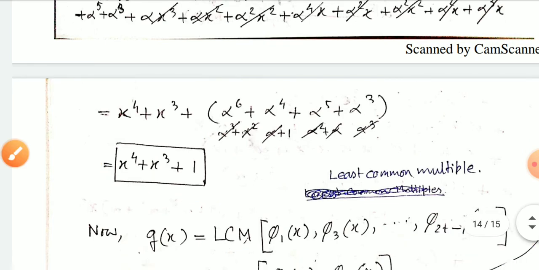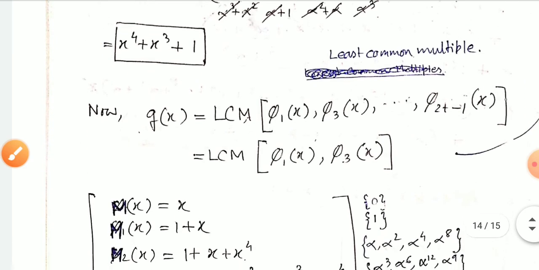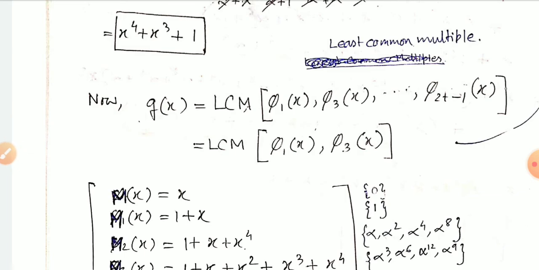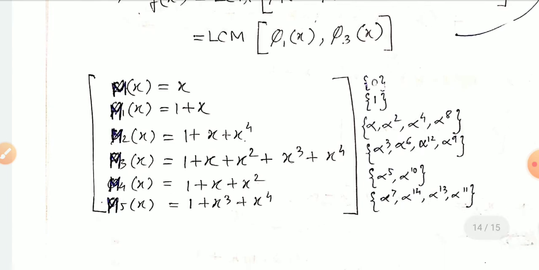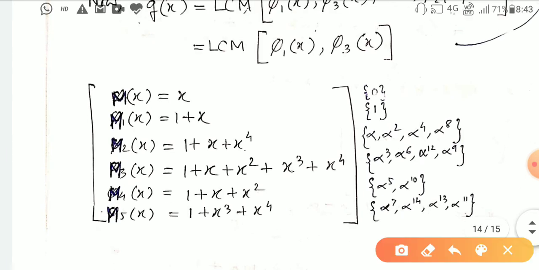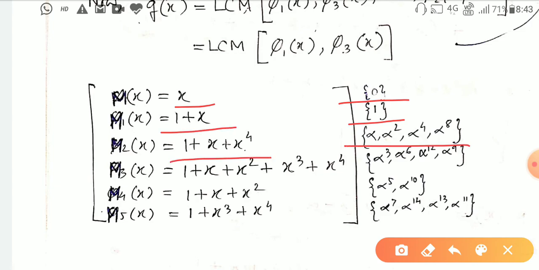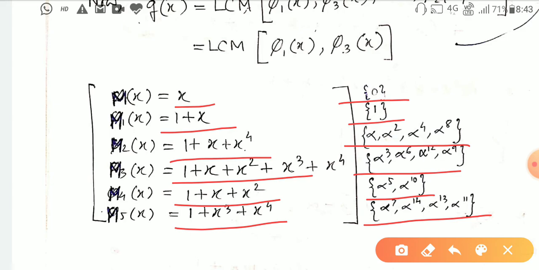Now we concentrate on how you can get g(x), that is the generator polynomial for this. You already know the individual classes and the values: the first is the value of x as you calculated for the minimal polynomial, and the next is 1 plus x. For each class a polynomial is defined, and individually you calculate the values separately.